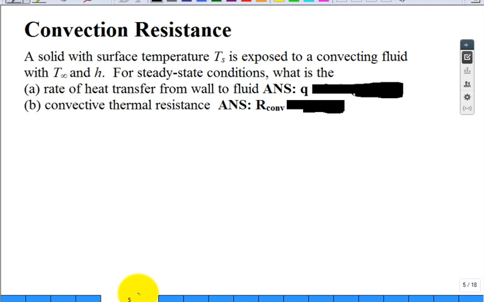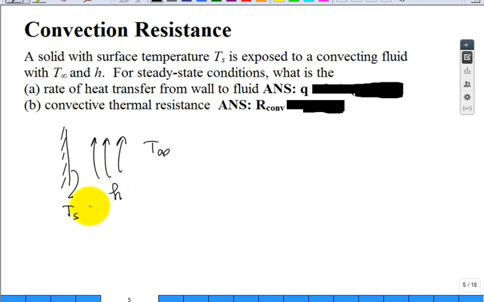You know, you could do the same thing for our convective resistance. So what did we have? We had a solid wall, we had a convecting fluid, and the convecting fluid had a T infinity for its temperature. The surface temperature was Ts, and there was a convection coefficient h.